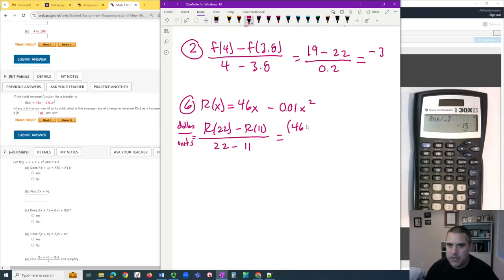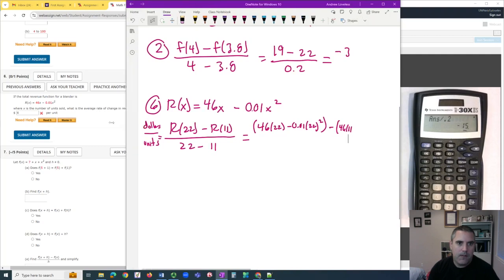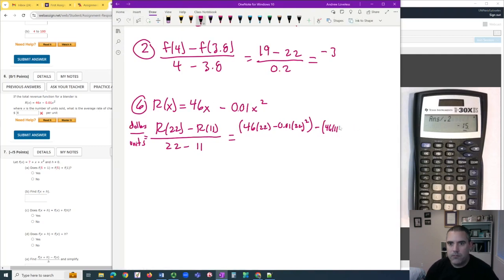So 46, we're plugging in at 22 minus 0.01. And this is just getting us ready for the notation piece. So we need to compute that. And then we need to do the exact same thing with an 11 plugged in. I'm going to run out of space here. Maybe I'll make this a little wider. 11 minus 0.01.